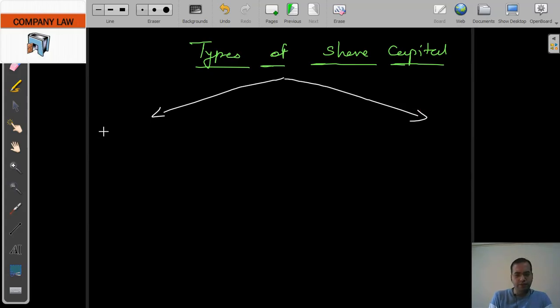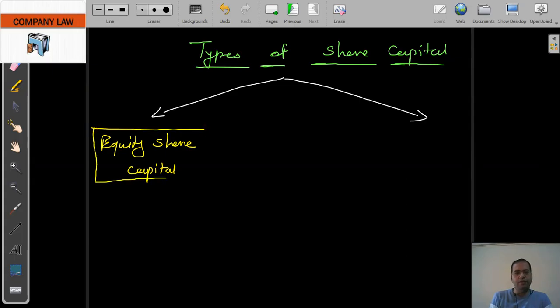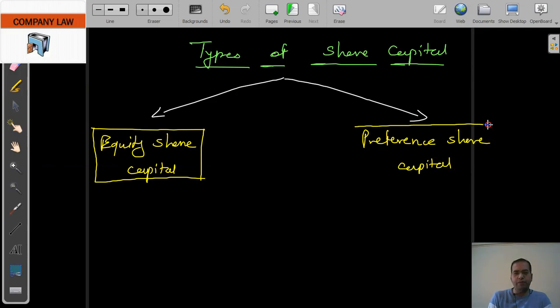First one is equity share capital, and second one is preference share capital.